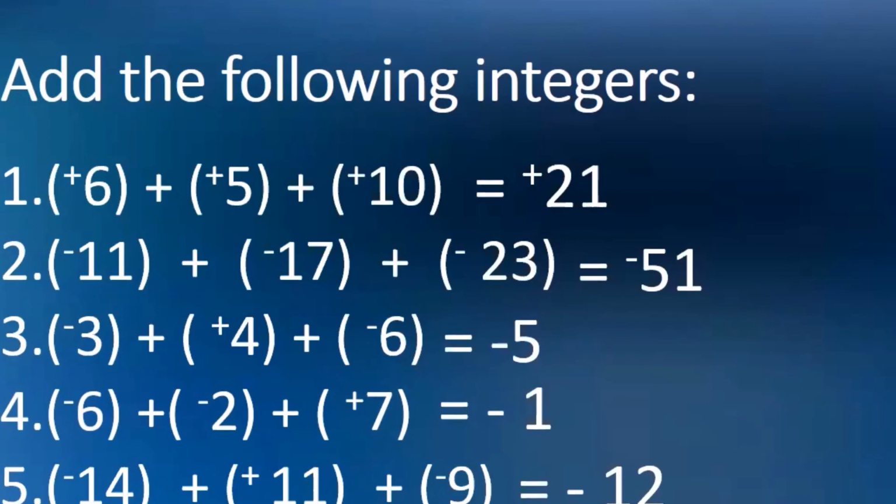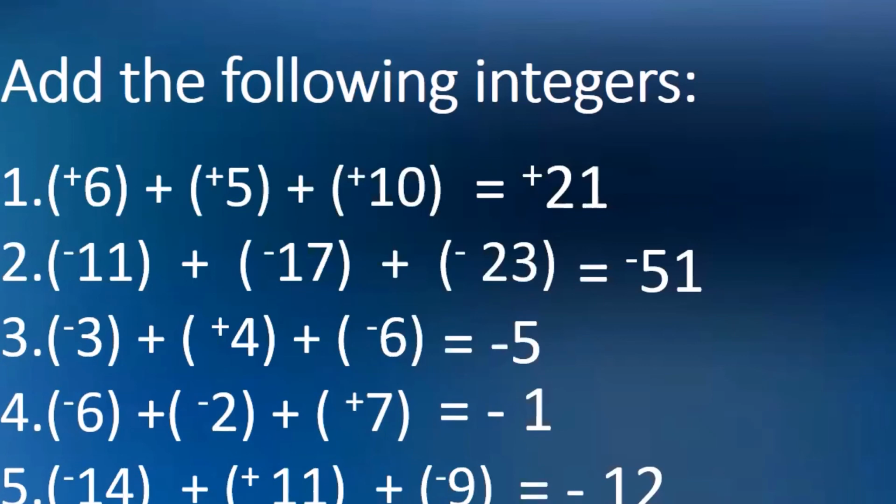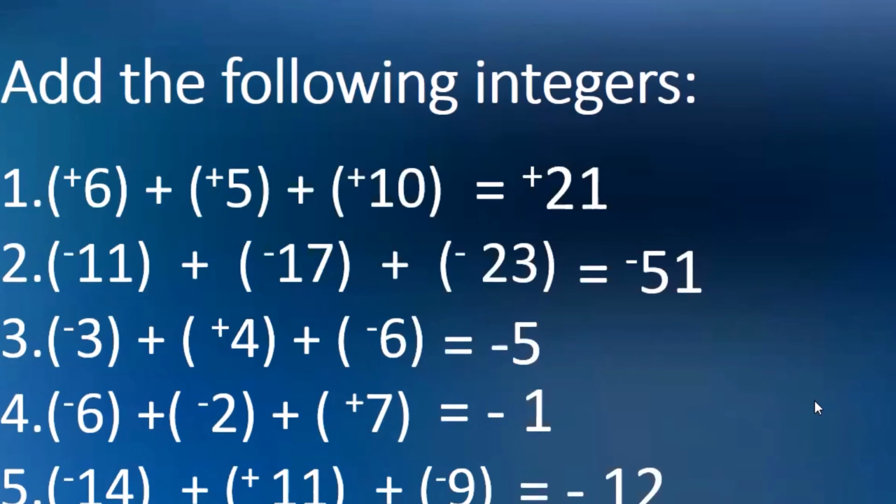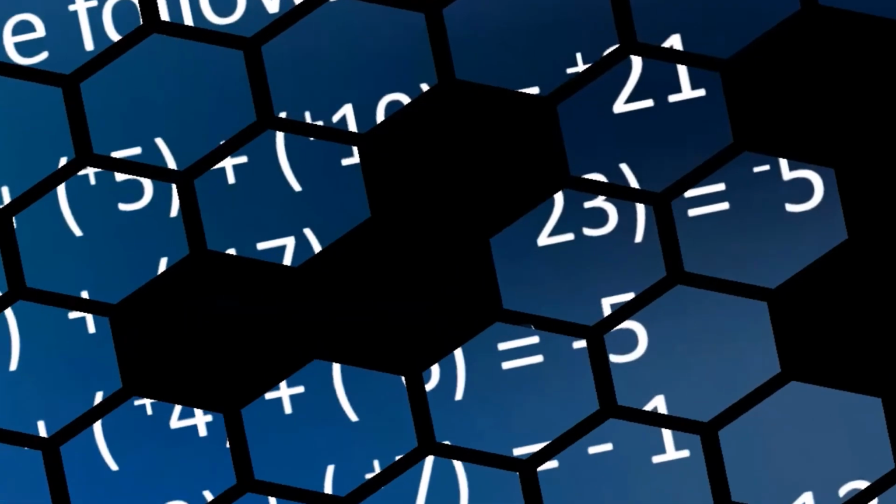Or apply the rules: if the signs of all addends are the same, copy the common sign and add the numbers. If they are different, subtract, and the sign of the bigger number is the sign of the final sum. Okay, I hope it is clear to everyone. You can review and rewatch the videos so we can answer our modular activities perfectly.